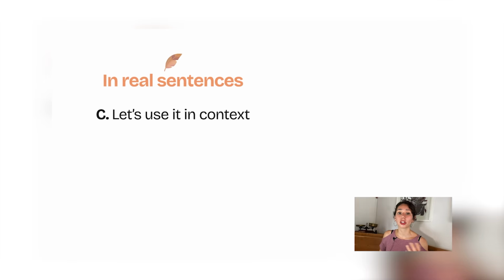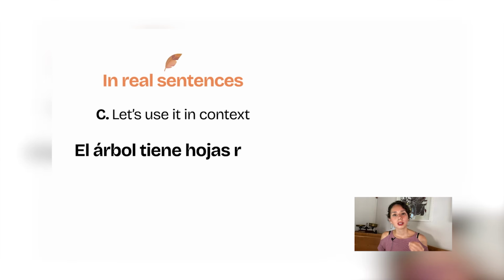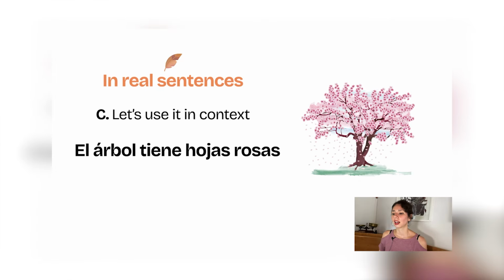Okay, another example, otro ejemplo. El árbol tiene hojas rosas. This means the tree has pink leaves.